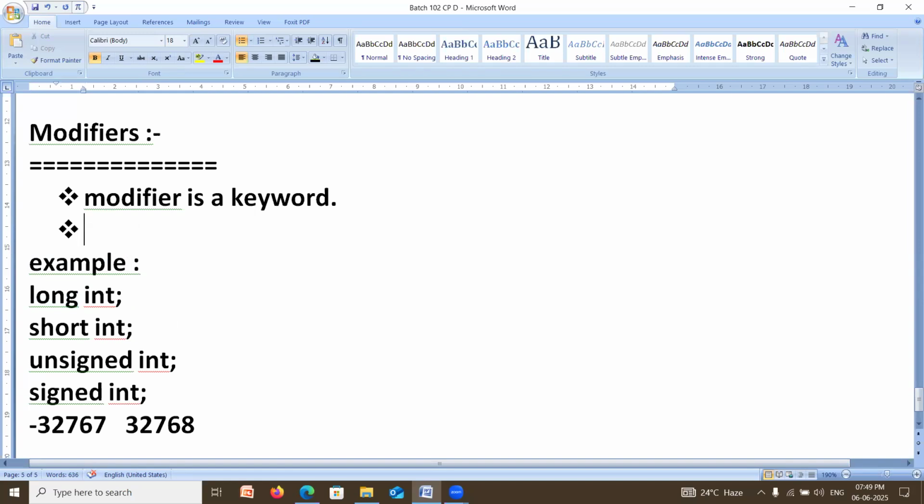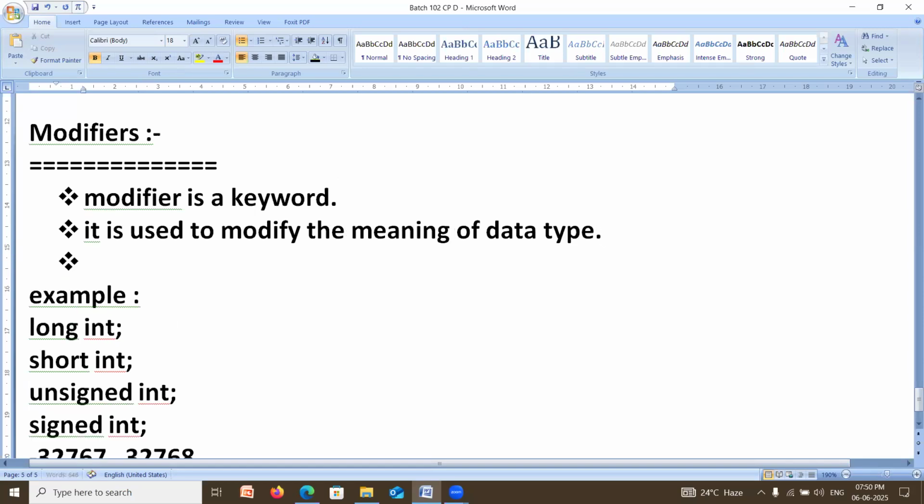It is used to modify the meaning of data type. In C language, how many data types we have? 4. C supports 4 types of data types.